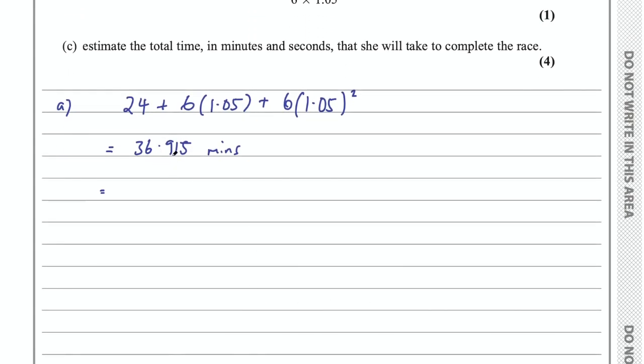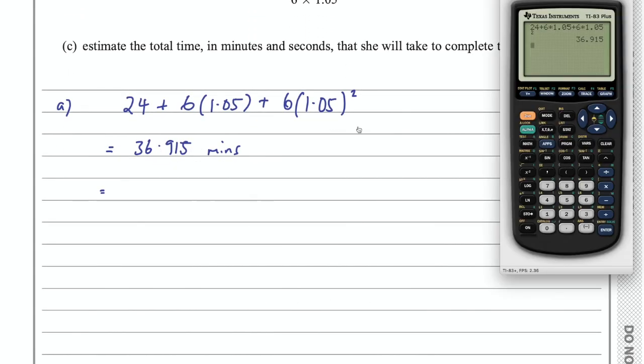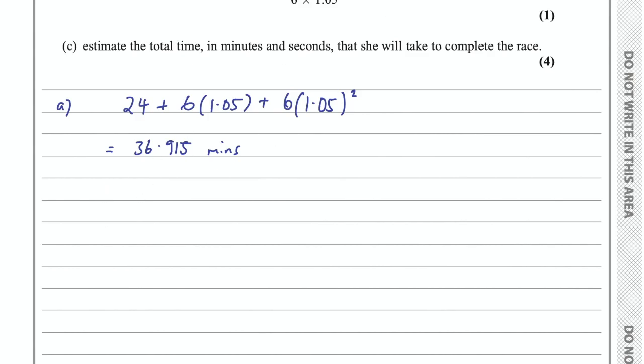So let's just find that 0.915 in seconds. 0.915 multiplied by 60, I get 54.9. Rounded to the nearest second would be 55. So this then I can say rounds off to 36 minutes 55 seconds.